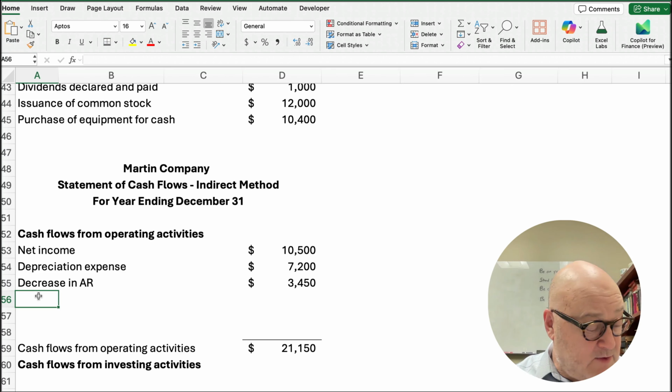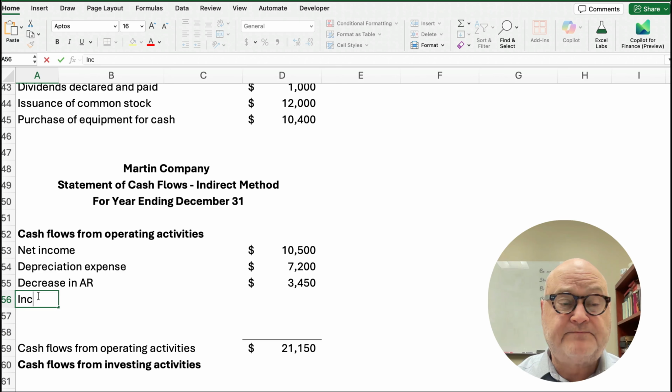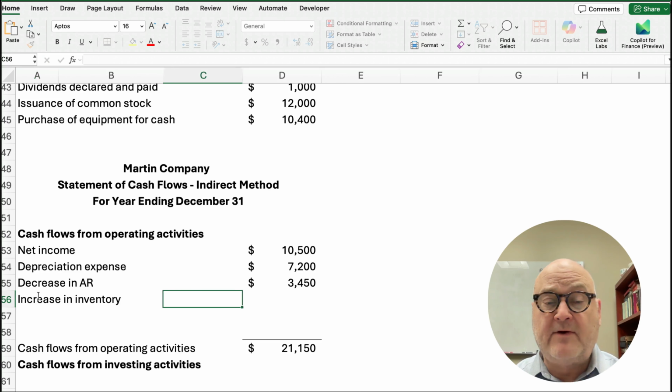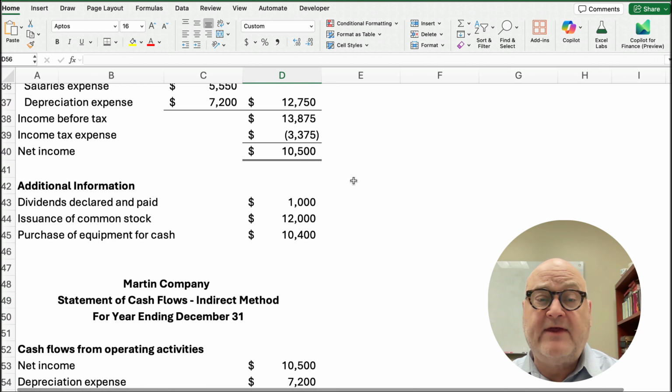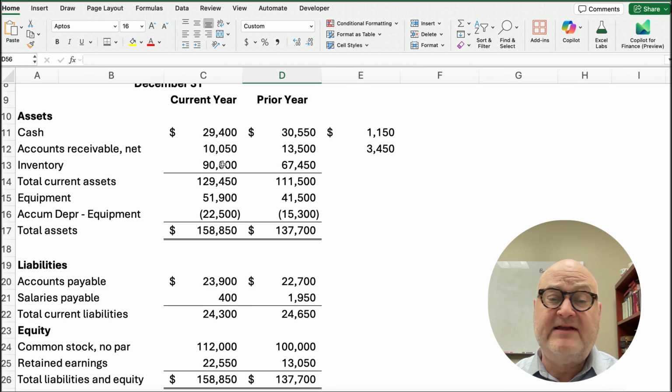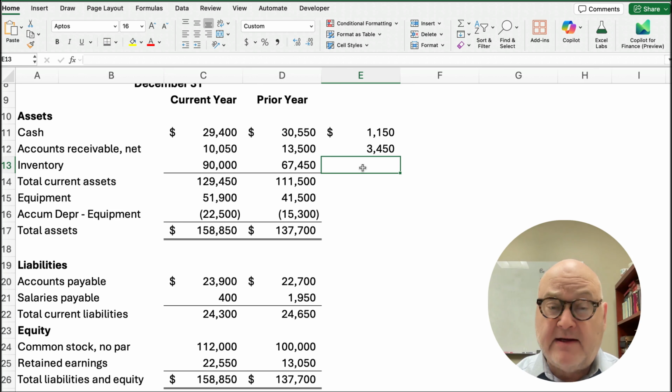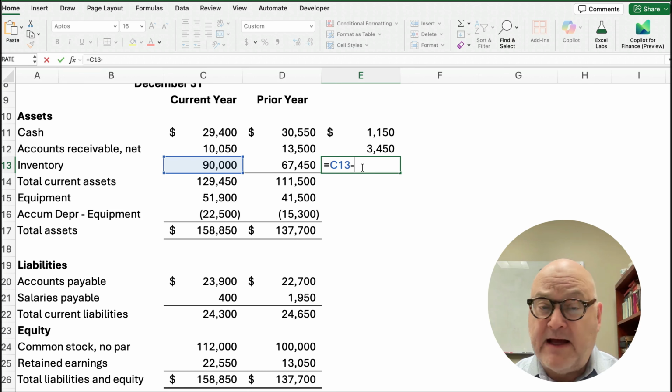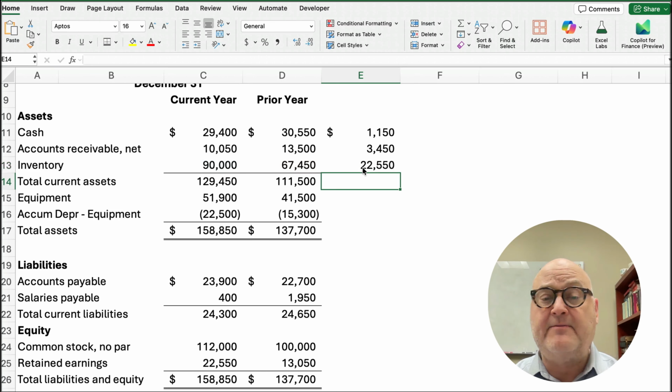Now the next thing we're going to see is an increase in inventory. Okay, so I'm going to show you what that is. Our inventory goes from 67 to 90. I'm going to make it 90 minus 67, just so I have a positive difference, right? So we're not confused with positive and negative right now.